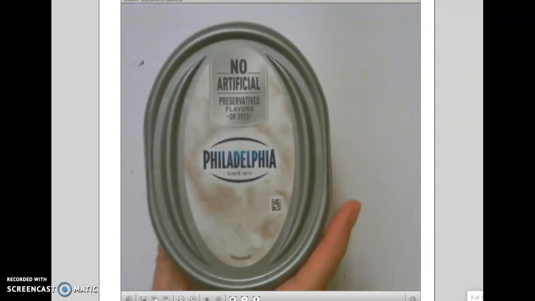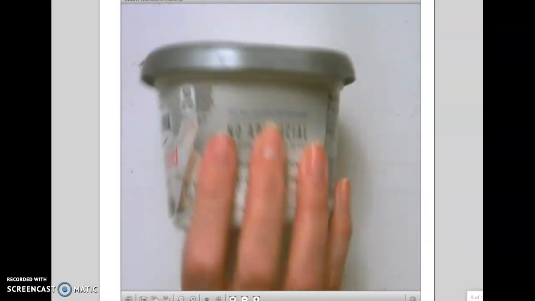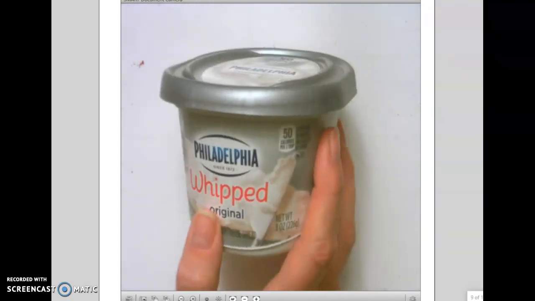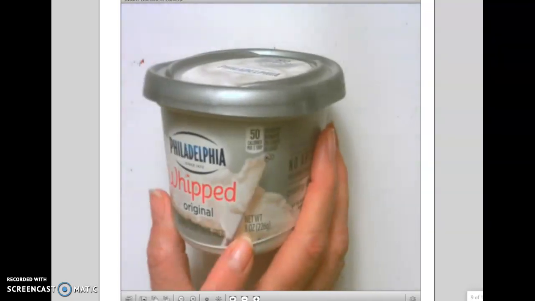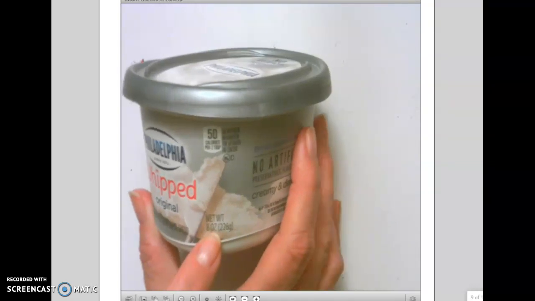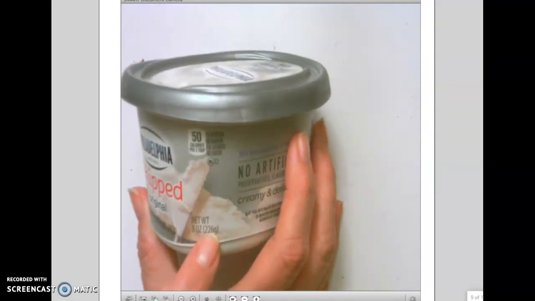Now, let's talk about grams, weight. Some things in your kitchen that are measured by weight because they're not liquid would be something like this, Philadelphia cream cheese. I was looking for the weights on this one, and I see it right here. Again, they give it to us in ounces first because that's what America's used to. But in the metric system, it's 226 grams.